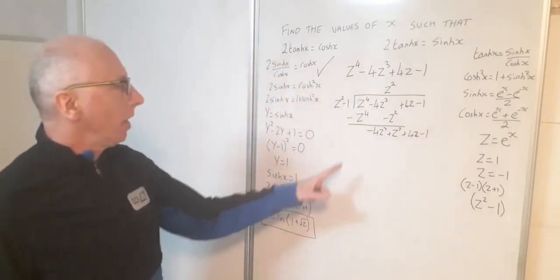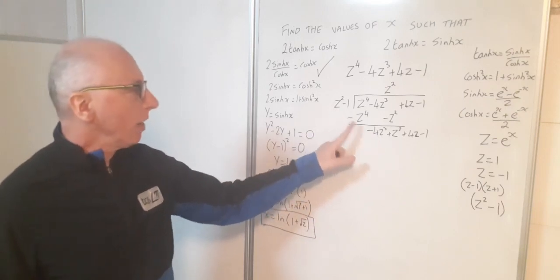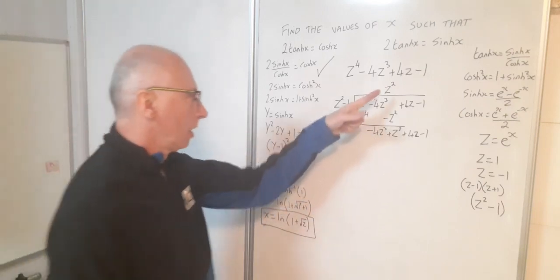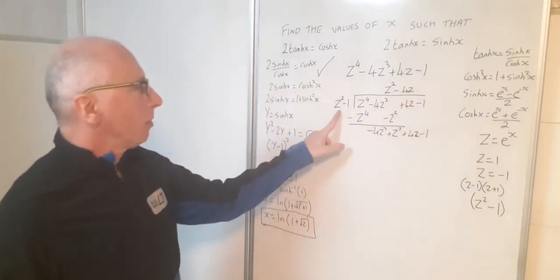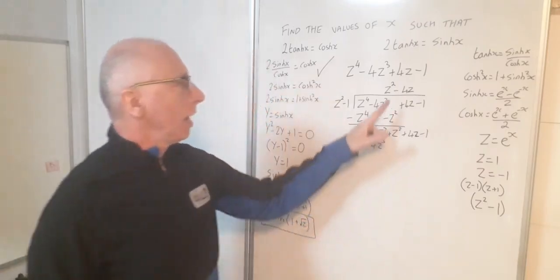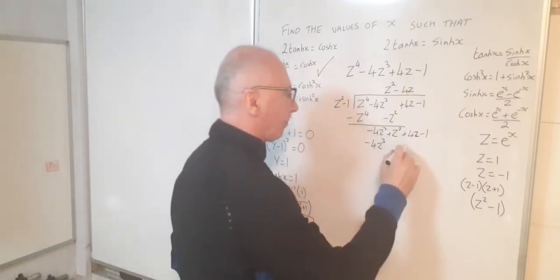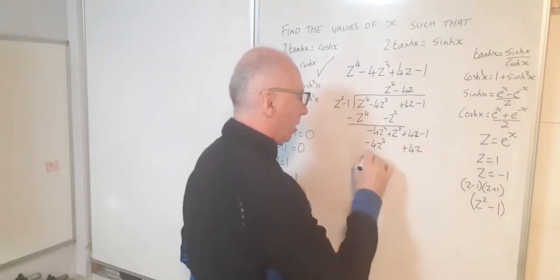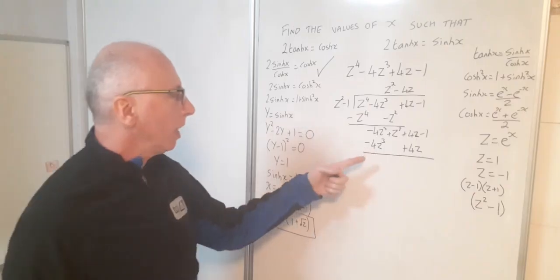Okay, right, now what we've got here, z squared minus 4z cubed, well that gives me a minus 4z to go up the top there. Minus 4z times z squared gives me minus 4z cubed as required, and then multiply that with that, I've got a plus 4z. Okay, so again, subtracting, they disappear.